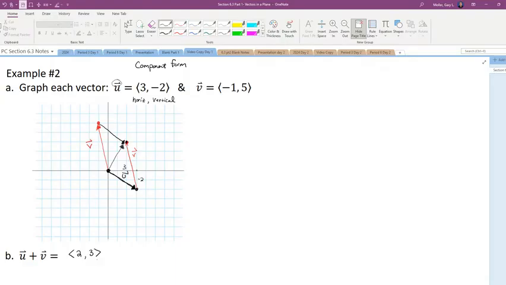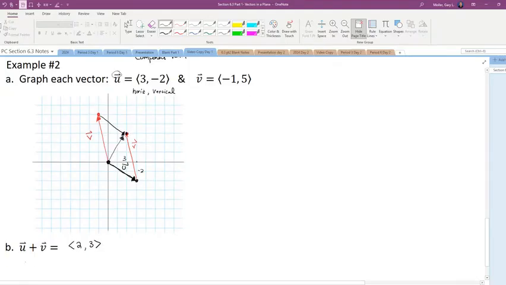If you want to find the answer just mathematically, then it is just as simple as adding the different components together. So if I want to add vectors u and v together, then u plus v is simply going to be 3, negative 2 plus negative 1, 5.